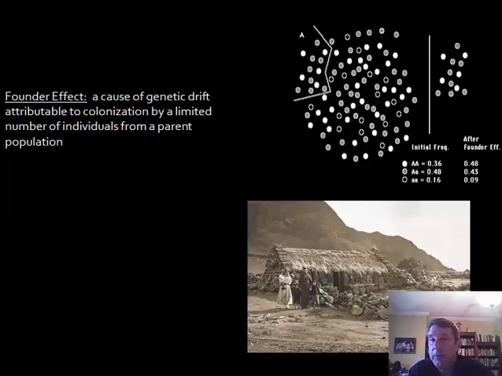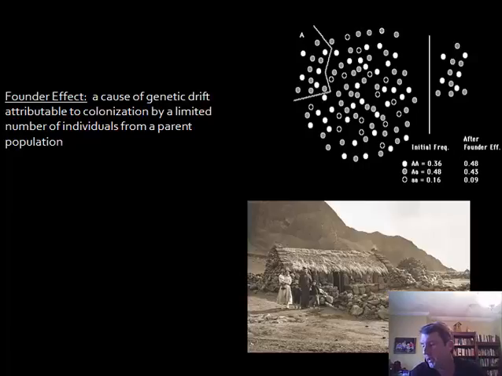That's what happened in this case. There was a genetic retinal disorder of the eyes, and so there's a higher incidence of these individuals than in their originating mainland population.